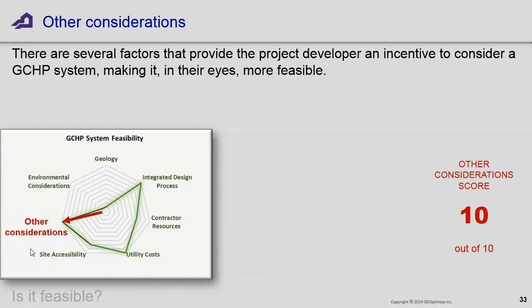What's happened in Toronto over the last 5 or 6 years is that one or two developers started doing geothermal systems to differentiate themselves from all of the other developers. They call themselves green, marketing these green projects. Within about 2 or 3 years, 3 or 4 other developers started doing the same thing just to keep up. And they're doing it as a matter of course now. That's what they do. They want a geothermal system.